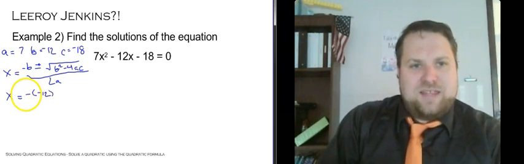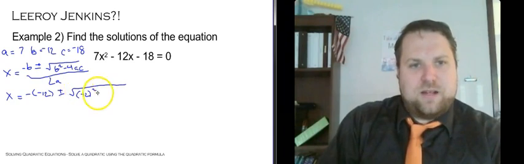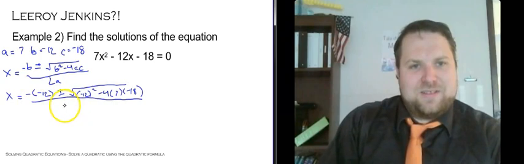Notice again I have that negative b, plus or minus the square root of b, which is negative 12 squared, minus 4 times 7 times negative 18, all of that over 2 times 7.